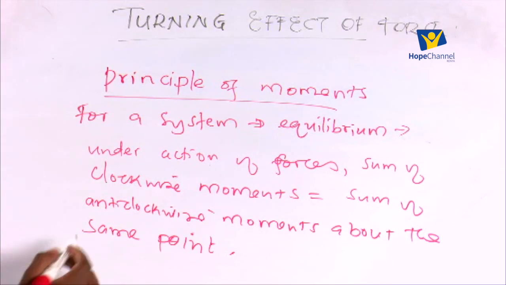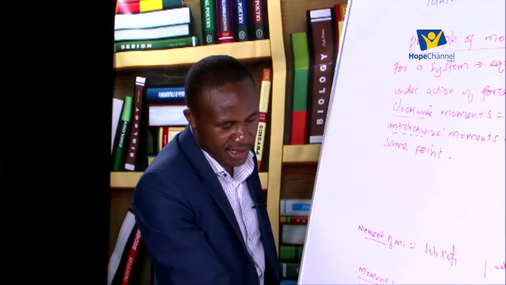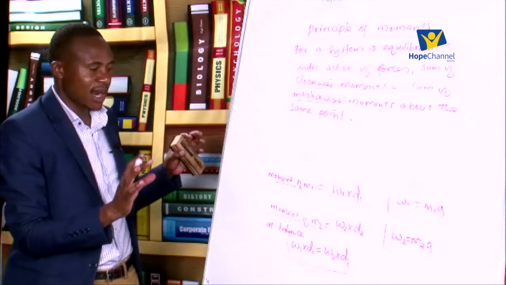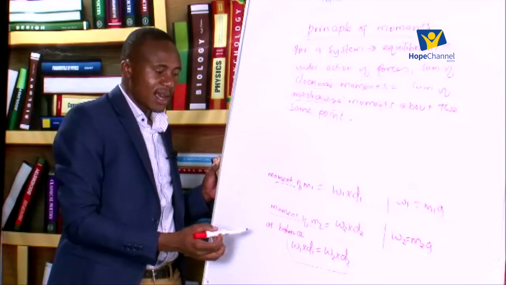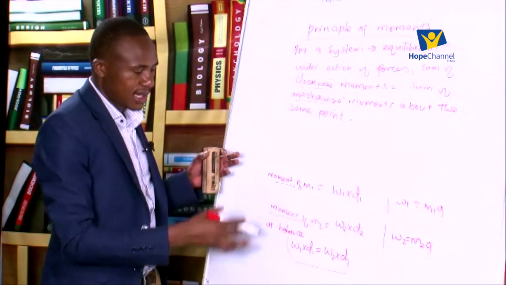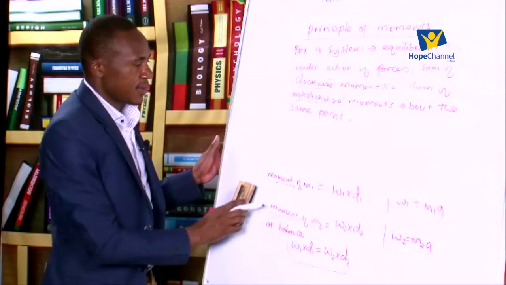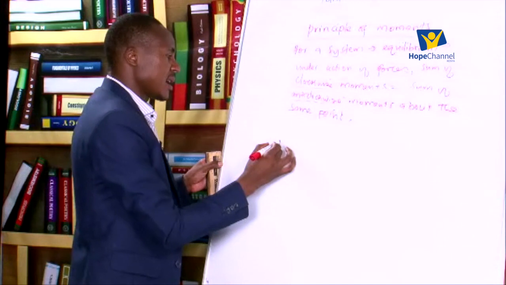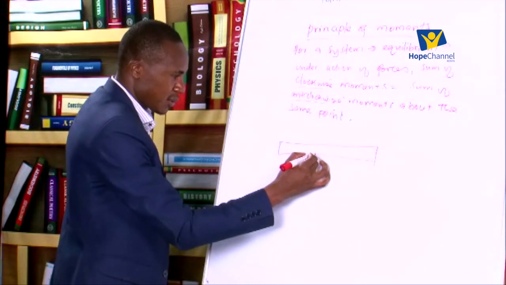I'm going to explain what we call clockwise and anti-clockwise moments. Ideally, it's what we have just written in this expression: when we had only one mass on the left-hand side of the pivot and one mass on the right-hand side of the pivot, we had weight 1 times d1 equal to weight 2 times d2, so we had 2 moments. Now, if I choose to have this diagram here, with a point of support, we don't have to put it at the center.